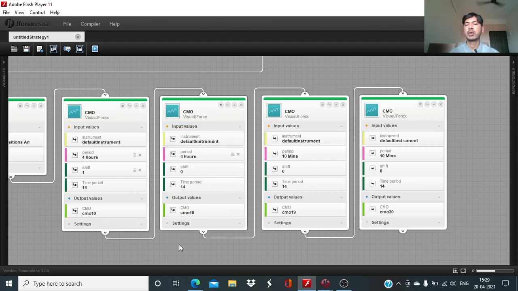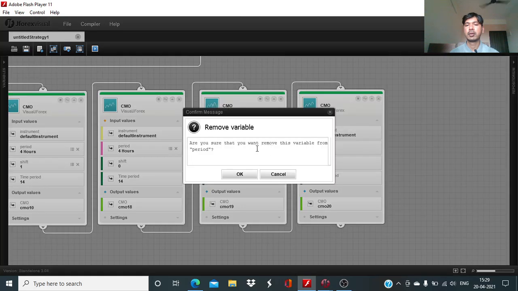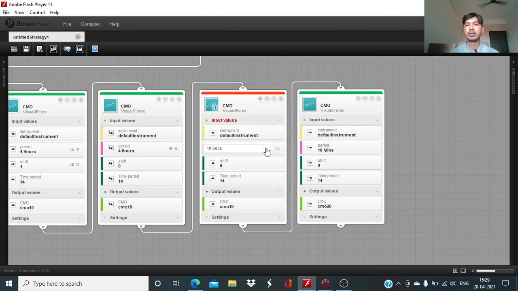This will be changed to 4 hours as well, and this will be changed to hourly time frame. This one also.